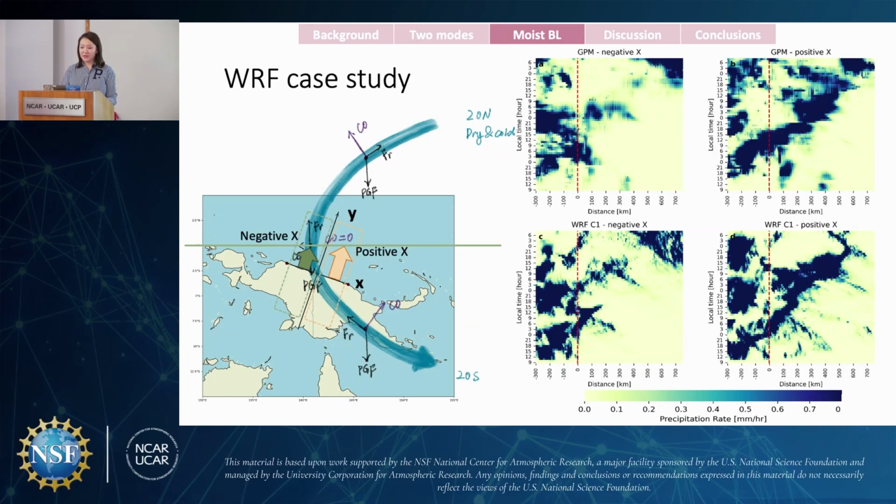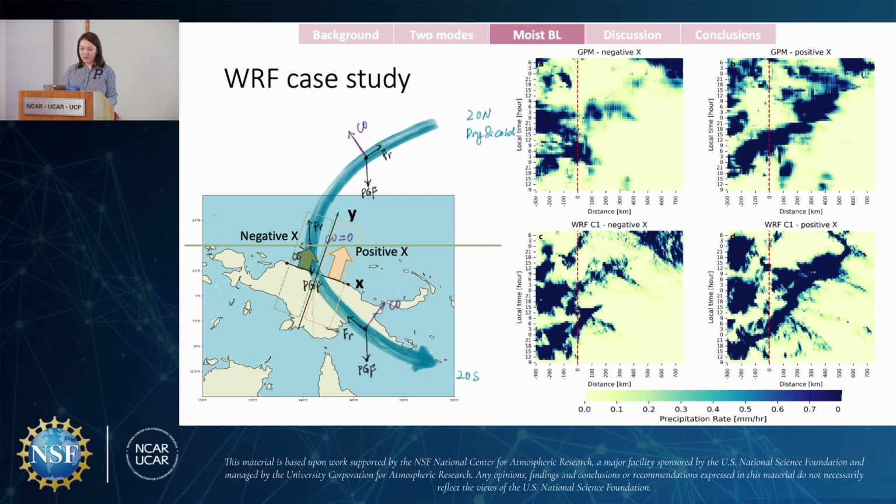We hypothesized that the positive X channel, which is far away from the equator, has a higher potential for offshore propagation over greater distances. Our case simulation shown at the bottom captures these characteristics really well and aligns closely with GPM observations at the top.